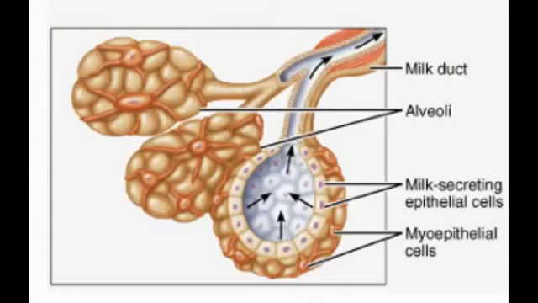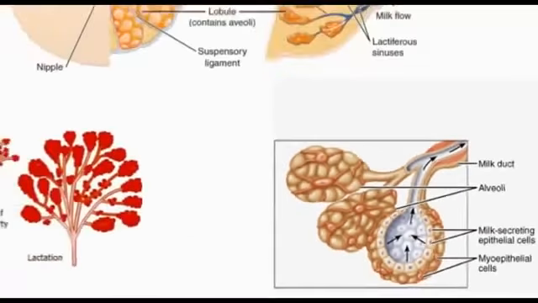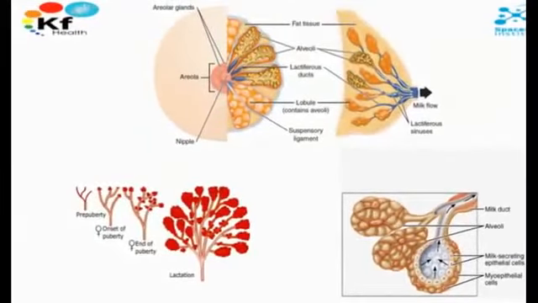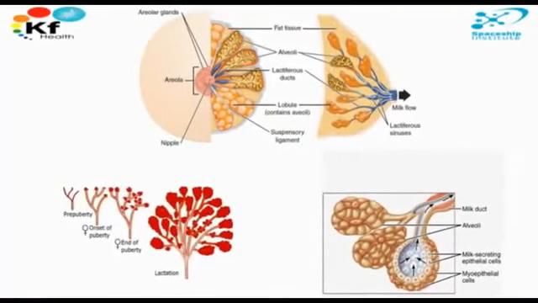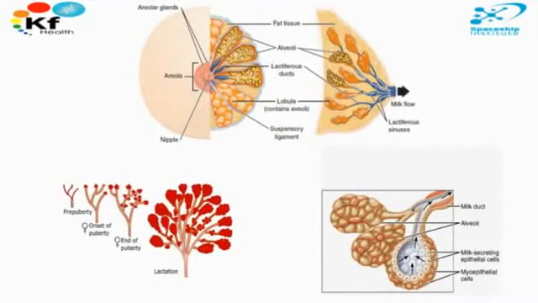In the place of leaves, this is your alveolar system inside of the gland. On the right side, this is the organization inside of the alveoles. You see that we have the epithelium cells. They produce the milk during breastfeeding, and above the epithelium cells, you have myoepithelium cells. They are muscle cells, belonging to the smooth muscles. Actually, we know that the smooth muscles have innervation, and they belong to the emotional part of our brain.